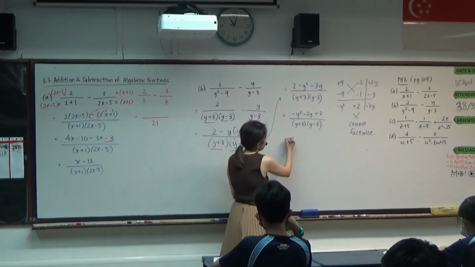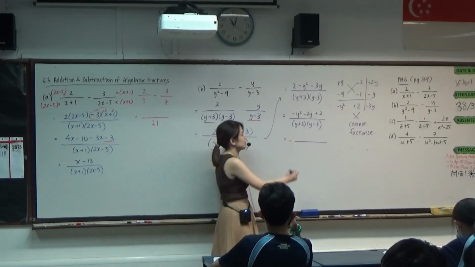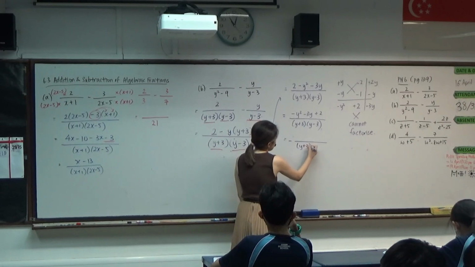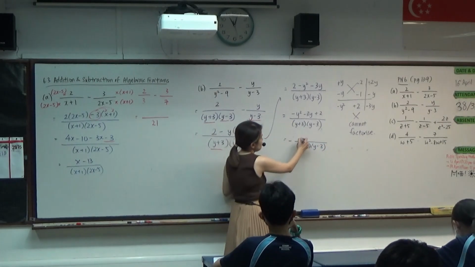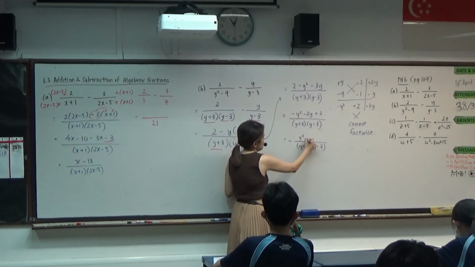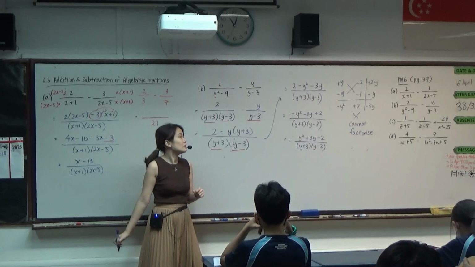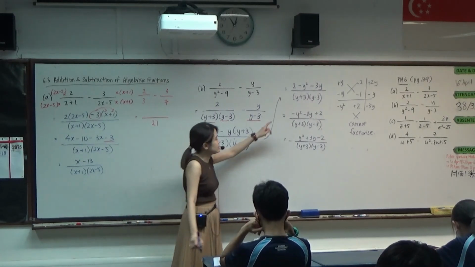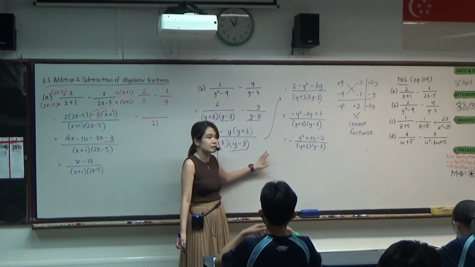If you put the negative sign outside of the fraction, what's the impact going to be like? It will have to be a positive y squared, positive 3y, and negative 2. So these are all acceptable answers. They are all equivalent. They are all equal to each other.